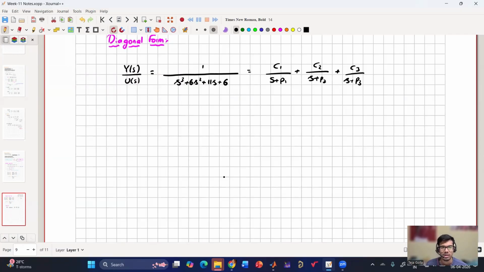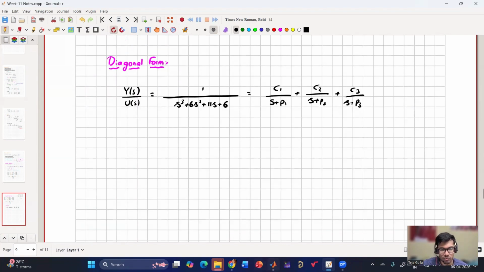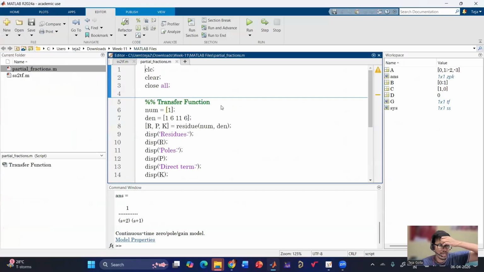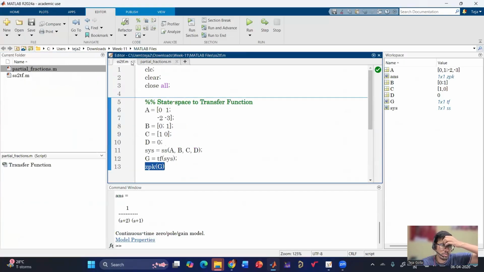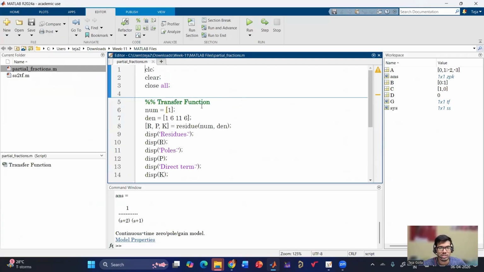Because we have already discussed partial fractions multiple times, I'm not going to derive those. Rather, I would choose an alternative where I have code, and I'll put in the inputs and get the output. So this is the code where we have cleared the workspace as well as the command window. The numerator is 1, the denominator is s cube plus 6s square plus 11s plus 6.